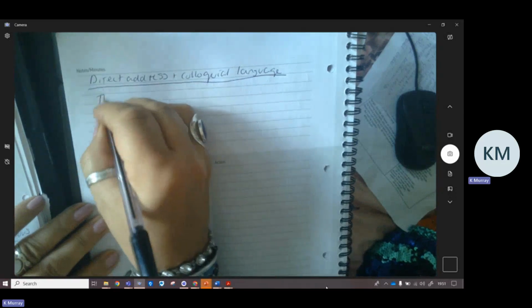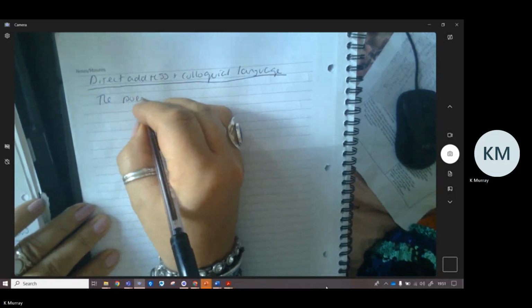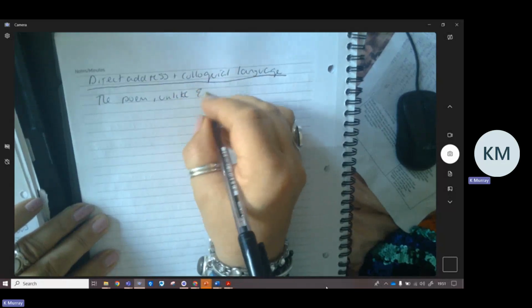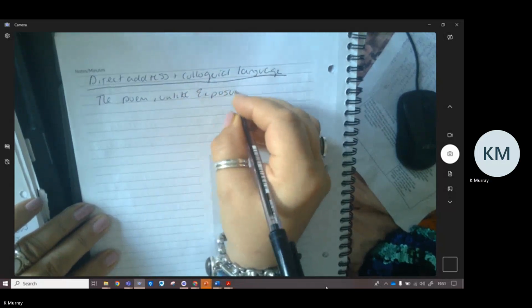The poem, unlike Exposure, okay, yeah, comparing.